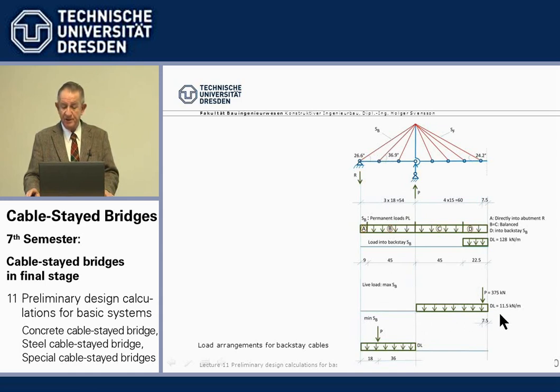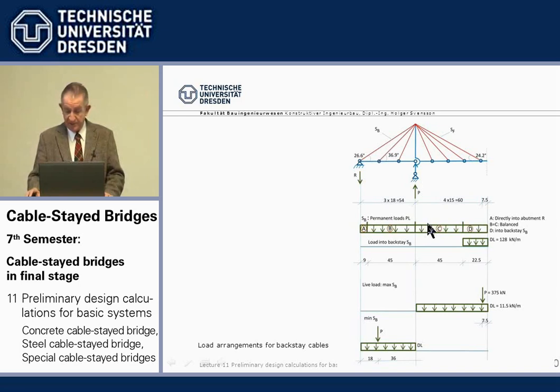The biggest tension force in the backstay cable comes if we load the main span with the live load plus the concentrated load, the truck. The biggest compression force in the backstay comes if we load the side span and set the concentrated truck load at about the 1/3 point.